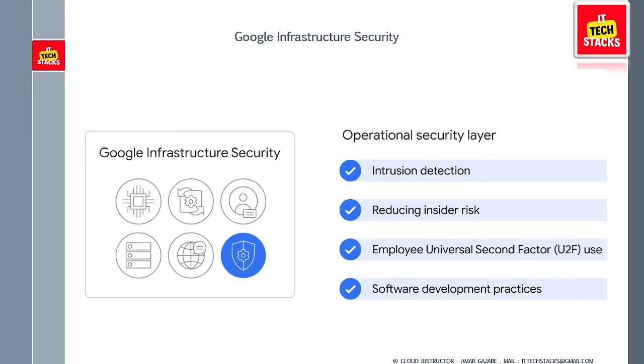Then there is the universal second factor, used to guard against phishing attacks against Google employees. Employee accounts require two-factor authentication. Even employees have two-factor authentication to mitigate the risk of attack.